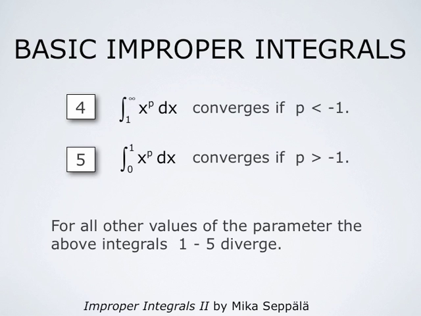This converges if p is less than negative 1. And number 5, the integral from 0 to 1 x to the power p dx converges if p is greater than negative 1. So this again is a normal integral if p is positive. It is an improper integral if p is negative, because then x to the power p is undefined at x equals 0.